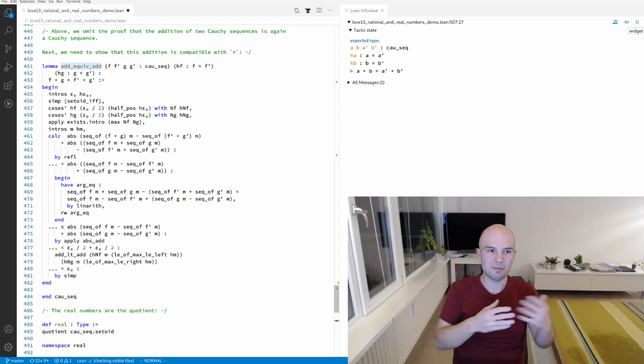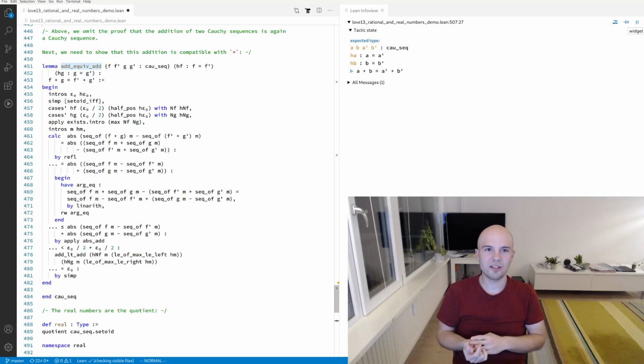And similarly, the multiplication of two Cauchy sequences is just the component-wise multiplication. So this makes Cauchy sequences a very convenient way to define real numbers, but there are other constructions of the real numbers that are different and sometimes not as convenient.